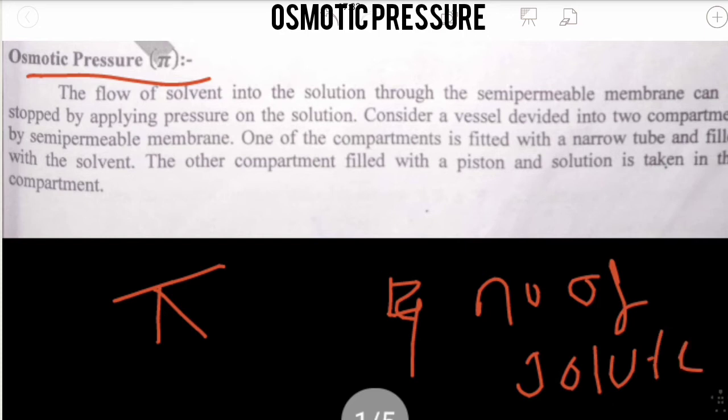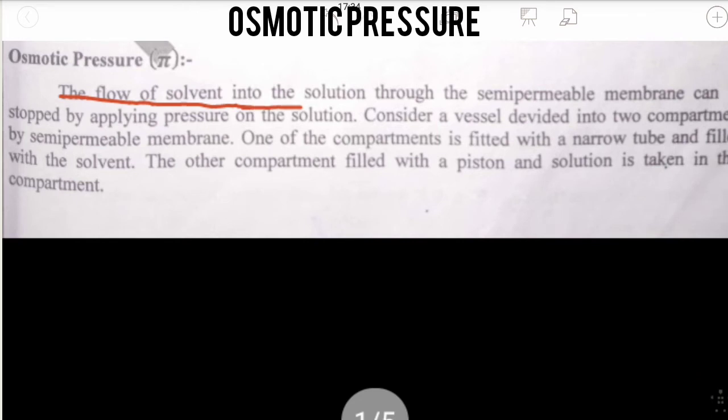Let us understand what osmotic pressure is and its working system. The flow of solvent into the solution through the semi-permeable membrane can be stopped by applying pressure on the solution.